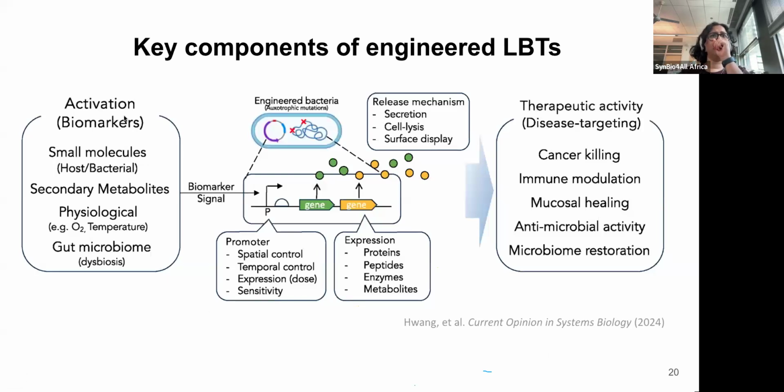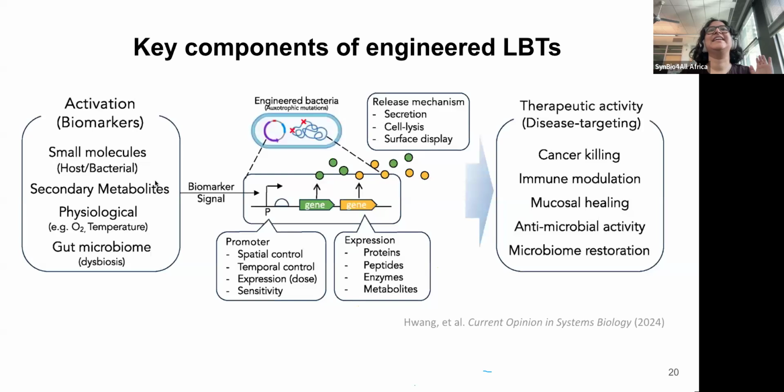And so we need to have biomarkers that we are activating or responding to, and often these are small molecules that are either made by hosts or bacteria, secondary metabolites, physiological conditions like oxygen and temperature, which are unique sometimes to different environments. They can also respond to the gut microbiome itself, as all of those bugs have their own biomarkers or indications that they're present.